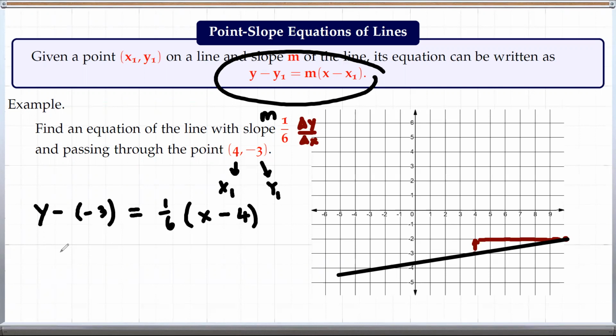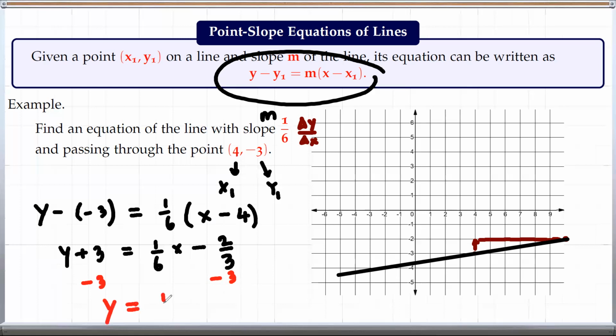So y minus -3 is y plus 3. And we can distribute 1/6 here. So we get 1/6 x minus 1/6 times 4, which is 4/6, or 2/3. And the last step, we can subtract 3 from both sides. On the left, we have y plus 3 minus 3, so just y.